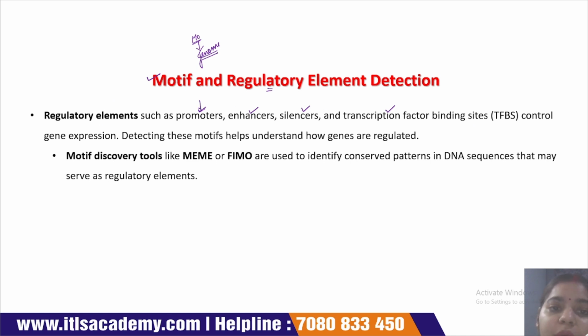What is the role of a promoter? To enhance the rate of transcription. Enhancer also enhances the rate of transcription. Silencer will decrease the rate of transcription. Transcription factor binding sites are the sites where transcription factors bind.